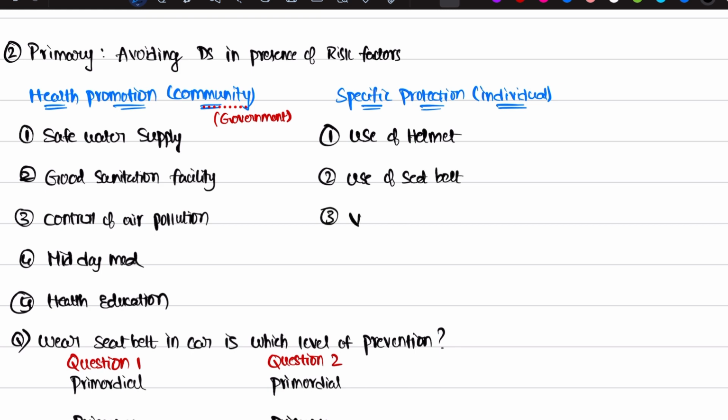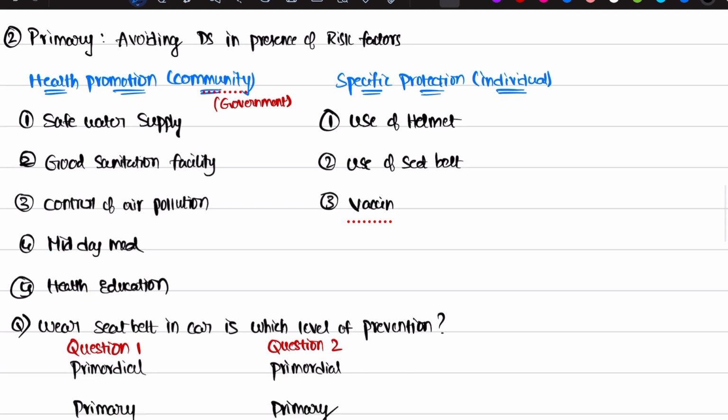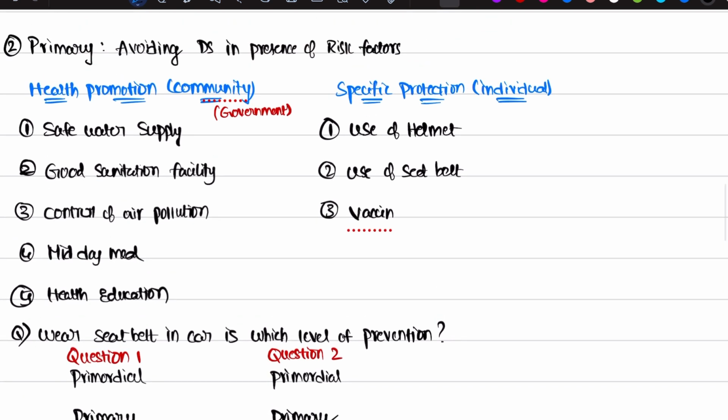and vaccination. See here, if government asks you to wear the helmet, it comes under health promotion. If you use the helmet by yourself while driving, it comes under specific protection. I am telling you again, if government asks or government posters or advertisements are given, even for vaccination, you need to mark it as health promotion, not specific protection.